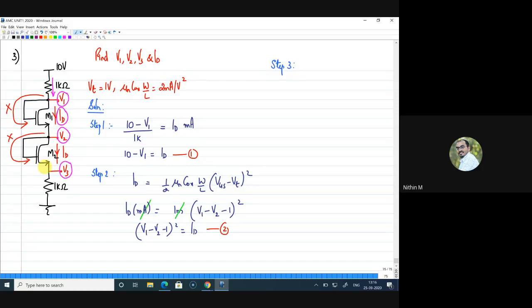For M2, I can write the equation as ID in milliamps is equal to half mu and C of W by L, again half into 2 milli. VGS becomes V2 minus V3 minus 1 the whole square. This also ends up in the equation V2 minus V3 minus 1 the whole square equal to ID. That will be your third equation.